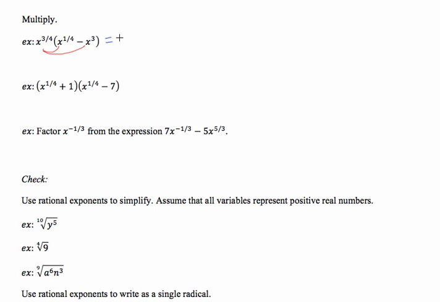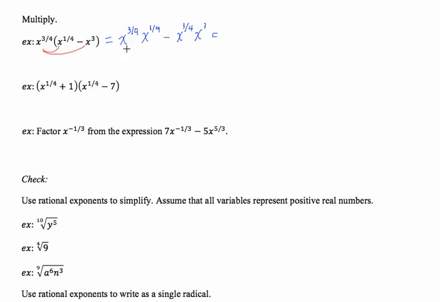So distributing, we'd have x to the 3/4 times x to the 1/4 minus x to the 3/4 times x cubed. That's just distributing out the x to the 3/4.